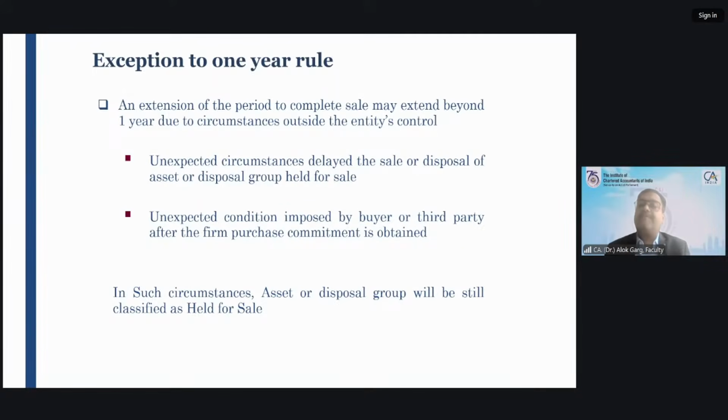Friends, for example, the buyer has already been identified and the binding agreement has been entered. The buyer came to the seller and said, I am purchasing this factory. You have been running this factory for the last 20 years.